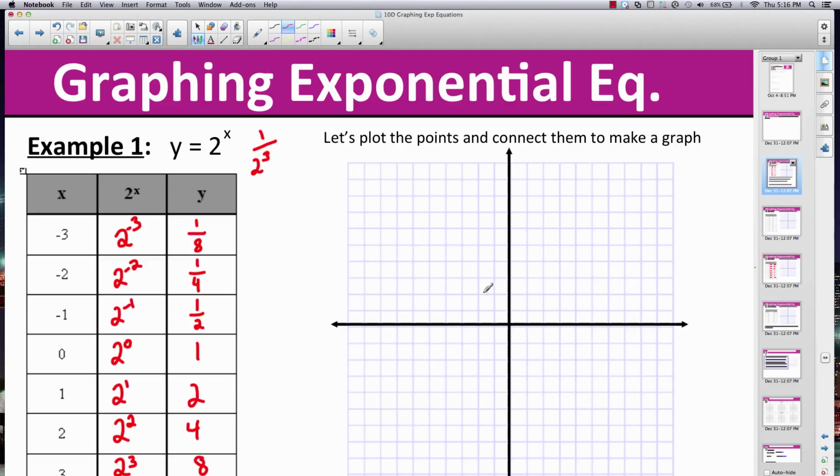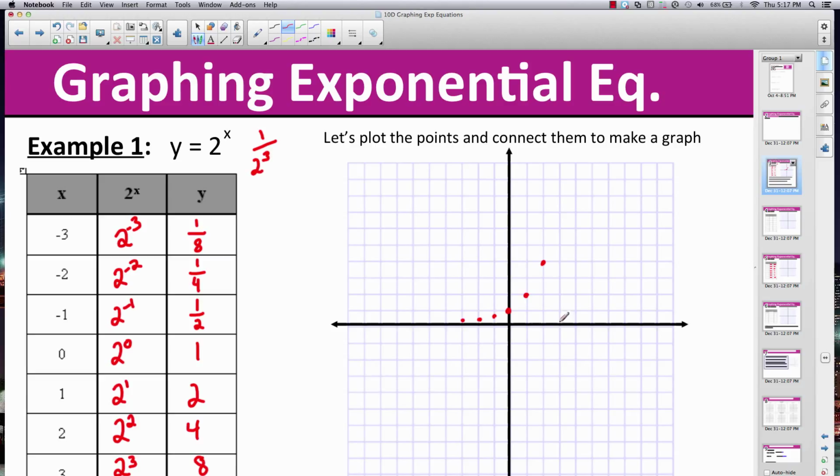So now if we were to graph this, at -3, we're at 1/8, so I don't know, it's pretty close to the x-axis, but not quite on the x-axis. This again, pretty close. Starting to move up slightly. Then 0, 1. Now it's starting to grow pretty fast. And at 2, it moves up to 4.